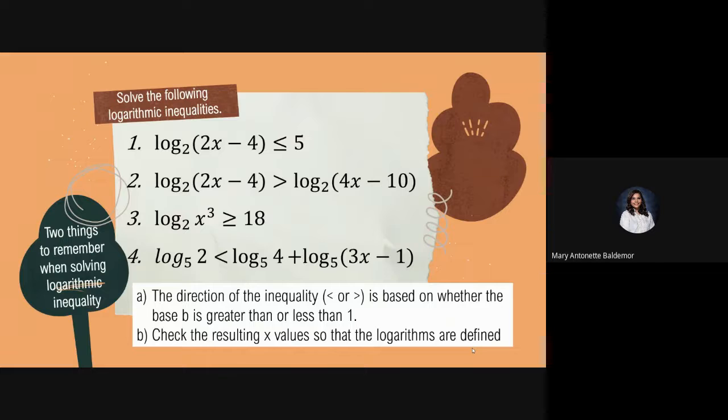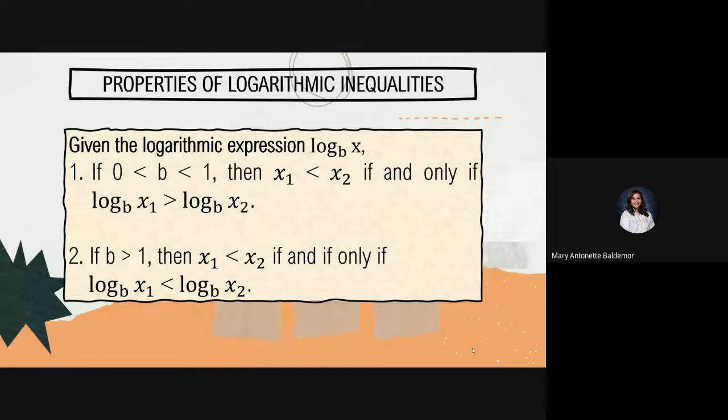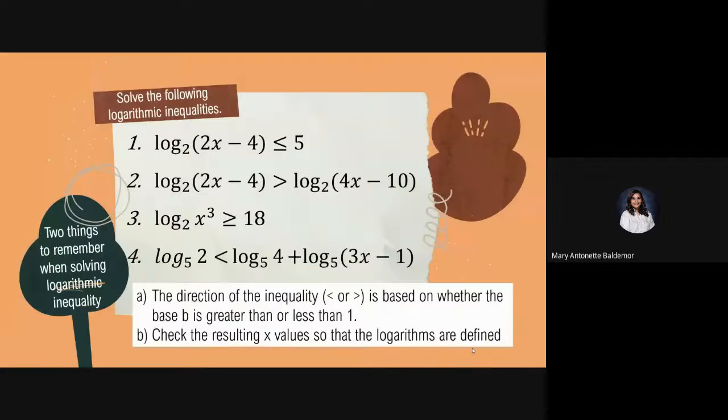Okay, so to apply the properties of these logarithmic inequalities, let's try to solve the following logarithmic inequalities. We have four, so we have two things to remember when solving a logarithmic inequality. The first one, the direction of the inequality, less than or greater than, is based on whether the base b is greater than or less than 1.